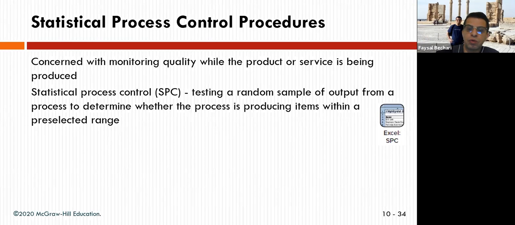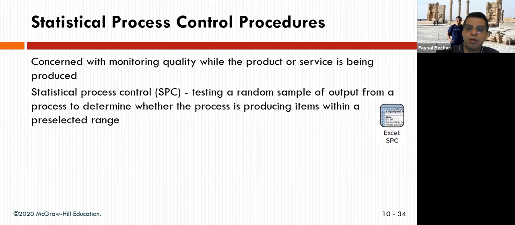Statistical process control is one way of testing a random sample of output from a process to determine whether the process will produce items within a pre-selected range. For example, if you're producing 10,000 pants, you cannot test all of them.